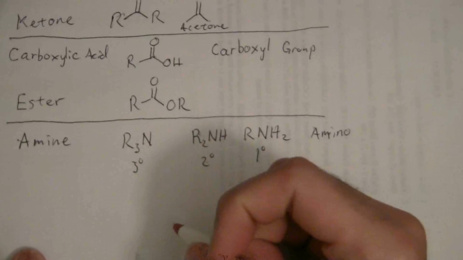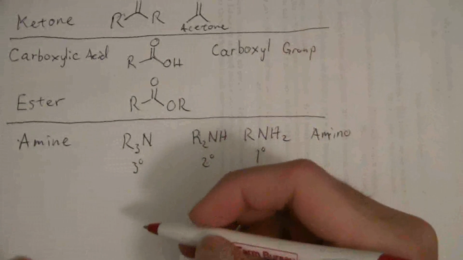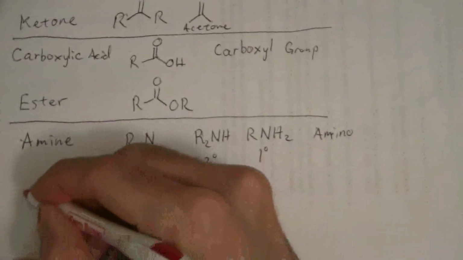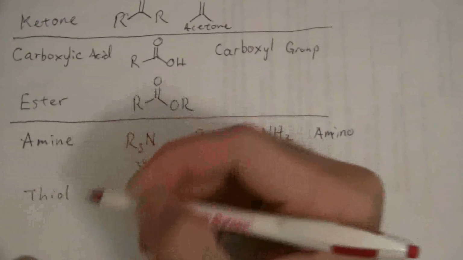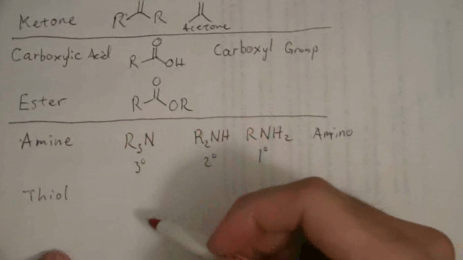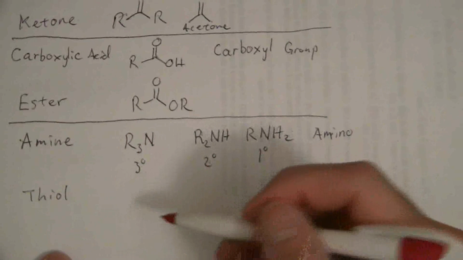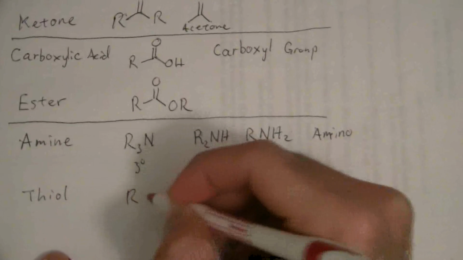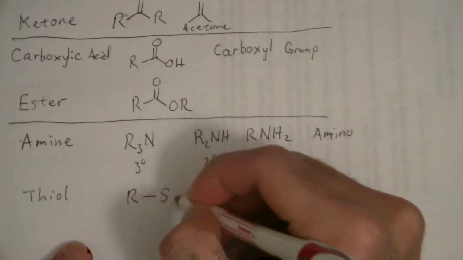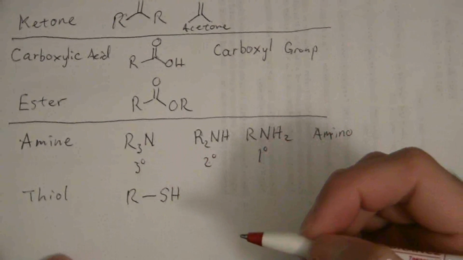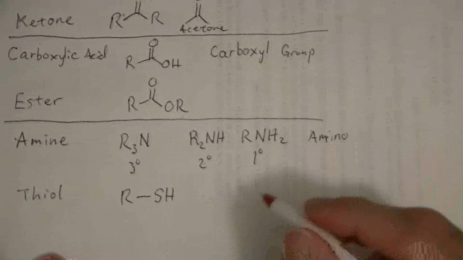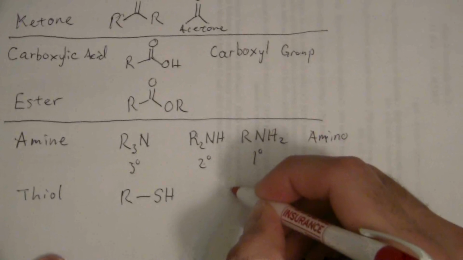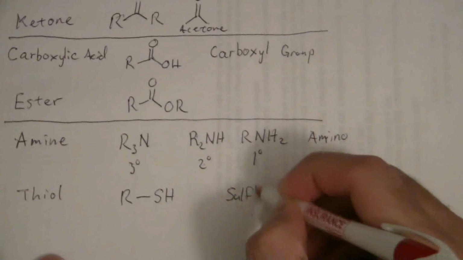So these are the main ones, but then there's also the thiol. A thiol has sulfur in it. It would look like R and then SH. This group is known as the sulfhydryl.